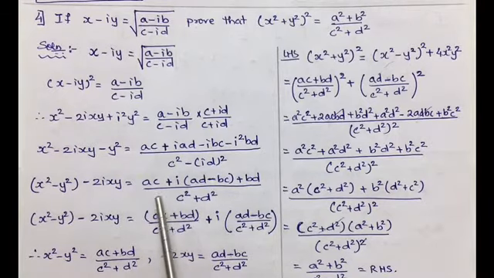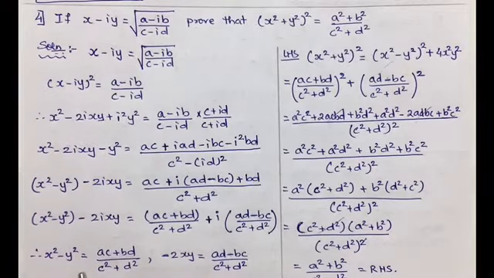Further, if we separate both real and imaginary parts, the way we did for the LHS, and compare both the sides, we get x square minus y square as (ac plus bd) upon (c square plus d square), and the imaginary part makes it minus 2xy equal to (ad minus bc) upon (c square plus d square).